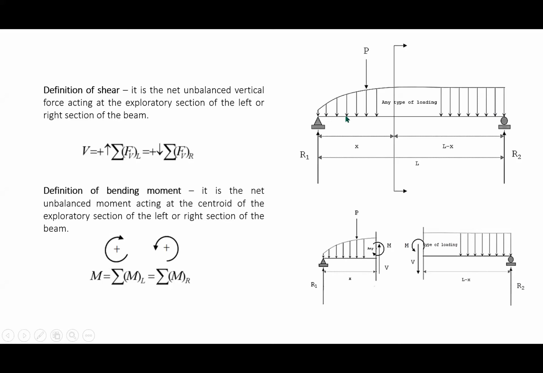Para masabi natin walang movement present sa isang beam or sa isang structure, kailangan at about any point pag nag-cut tayo, yung summation of forces vertical, yung summation of moment, tsaka yung summation of forces horizontal, lahat sila dapat equal to 0. Kasi kapag hindi yun equal to 0, ibig sabihin meron tayong movement. Ulitin ko, ang purpose nito is for equilibrium or for the structure to not have any movement.